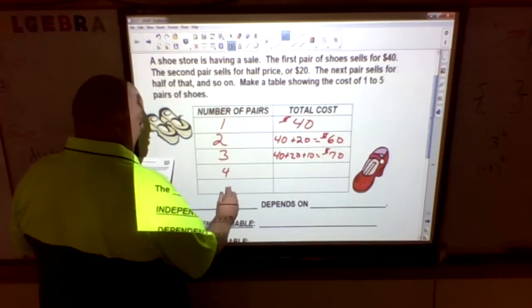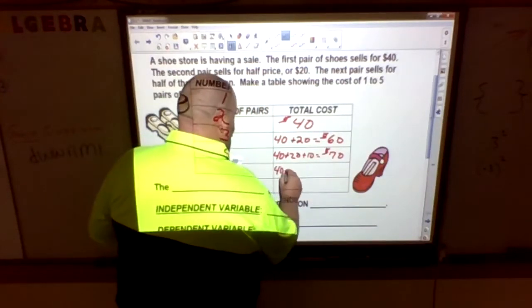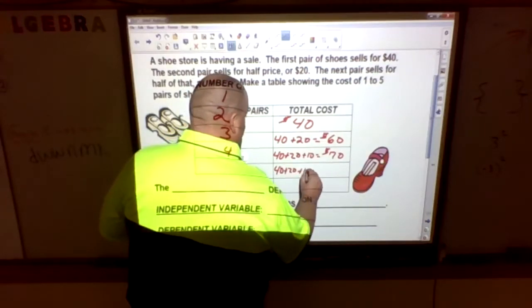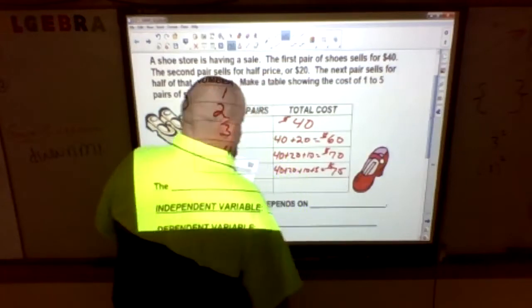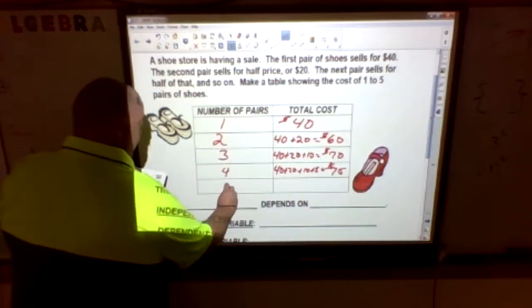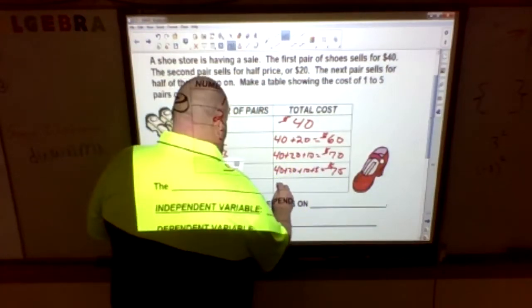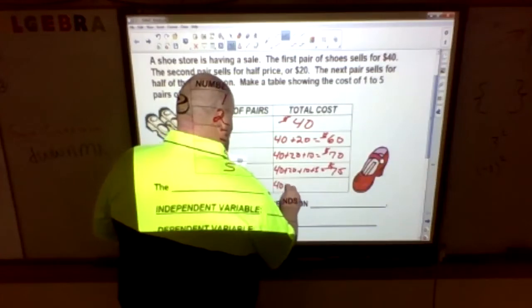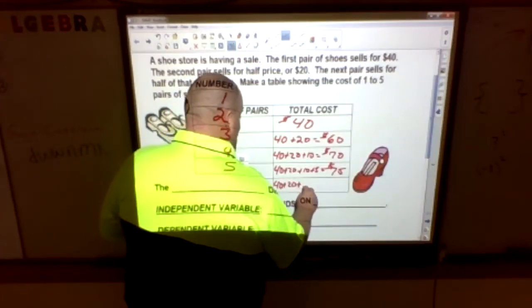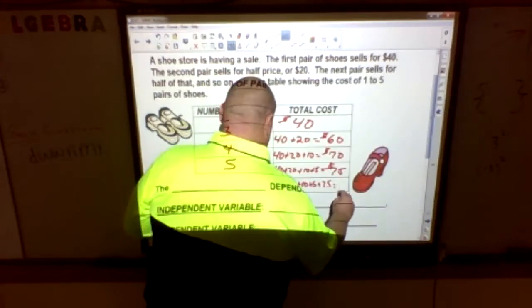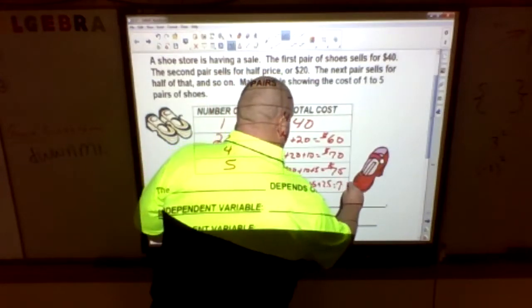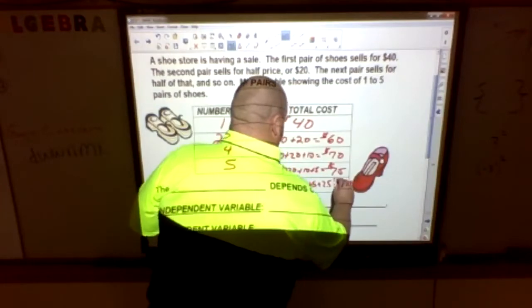If we bought 4 pairs, that's the 40 plus 20 plus 10 plus 5, which is $75. And if we bought 5 pairs of shoes, that is 40 plus 20 plus 10 plus 5 plus 2.5, which is $77.50.